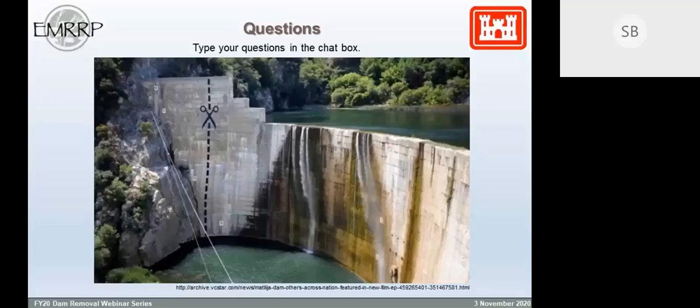I think it's in the same vein as the discussion around what is the natural flow regime and what are flow targets. People are starting to think in a more structured way about sediment regimes as well. Thanks, Kyle.